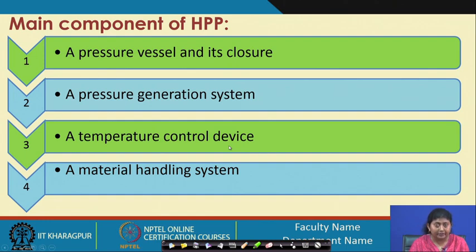So, when we apply very high pressure, some increase in temperature is inevitable and we want to control that. In some applications of HPP, not much in food, temperature is also associated with the pressure. And we need a material handling system for the inflow and outflow of the product from the chamber.